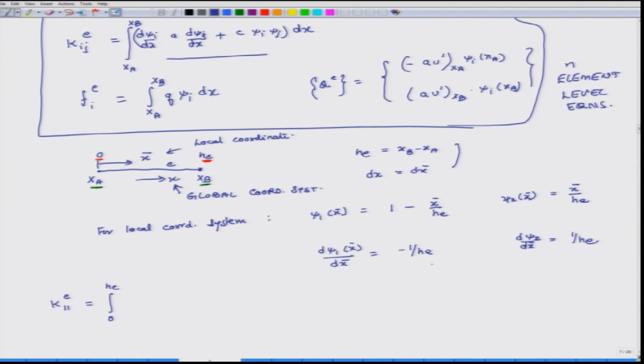So, d psi 1 over dx is minus 1 by h e, and I assume that a is constant, and d psi j is again minus 1 by h e, plus c times psi 1 times psi j, which is 1 minus x bar over h e, again 1 minus x bar over h e, dx.